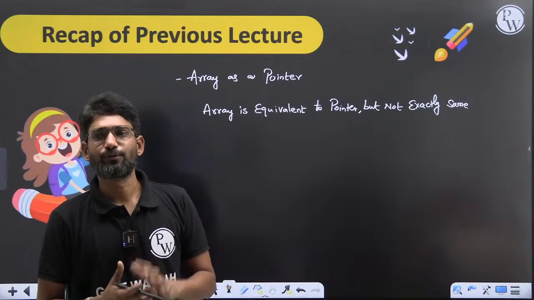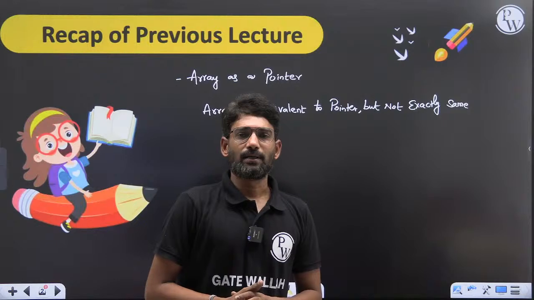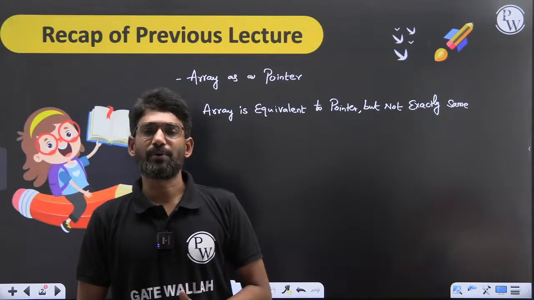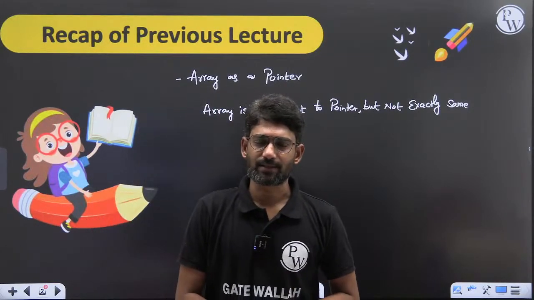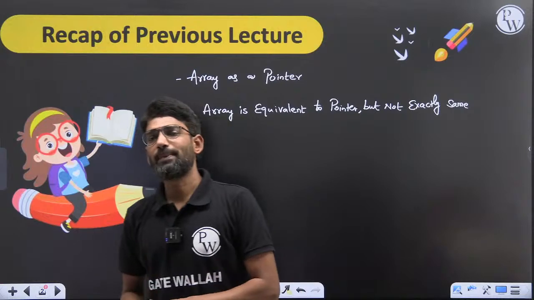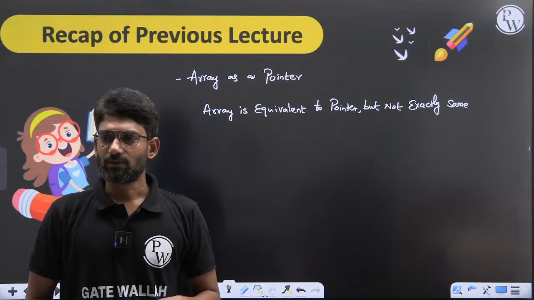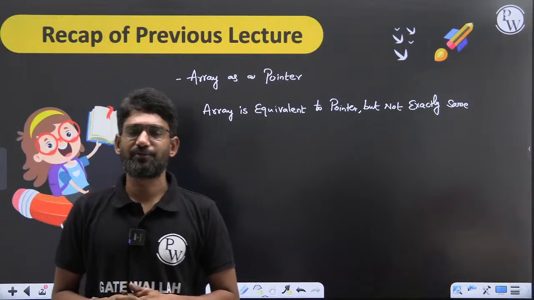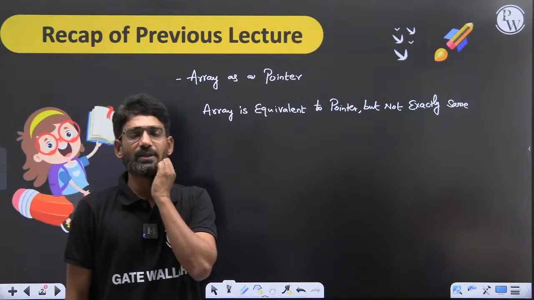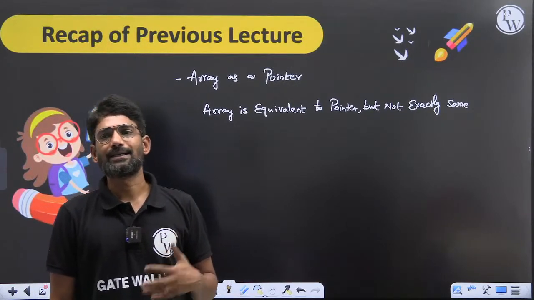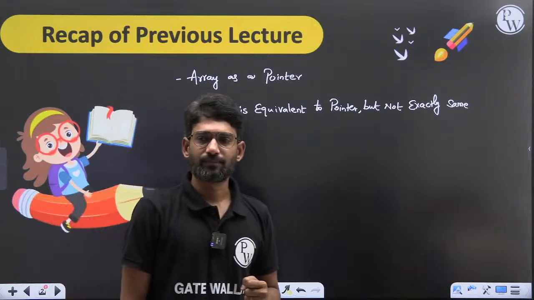And what is the fourth difference? The operations that we can perform on pointers may not all be possible with arrays. Because of these multiple differences, we say both are not exactly the same.